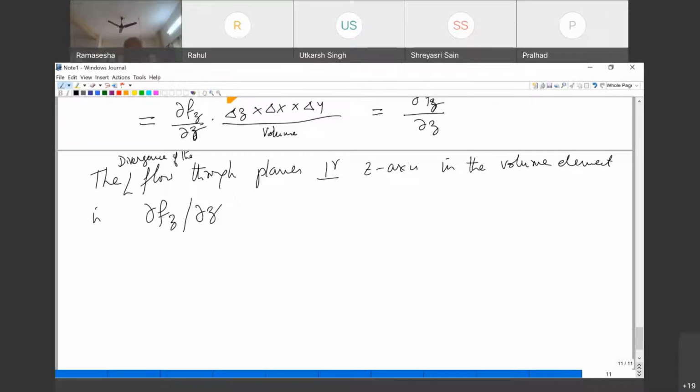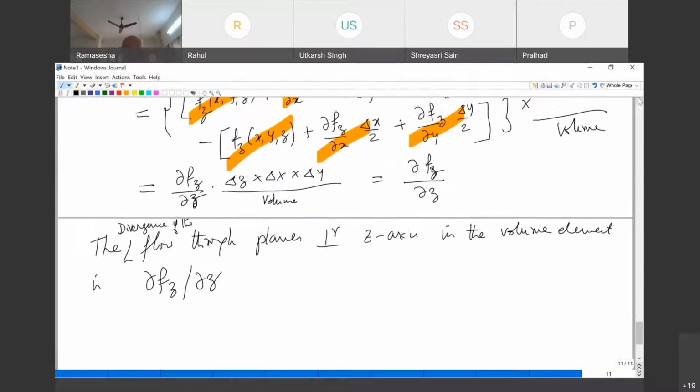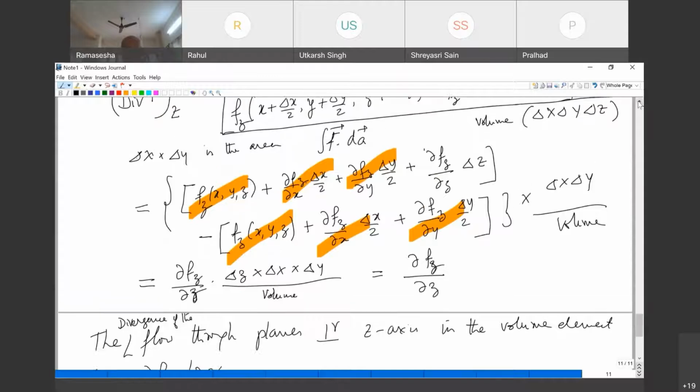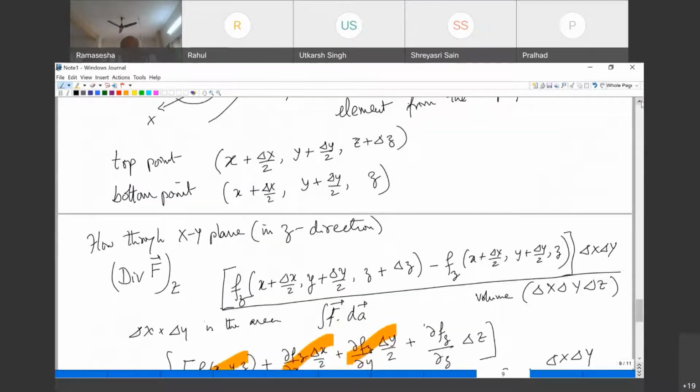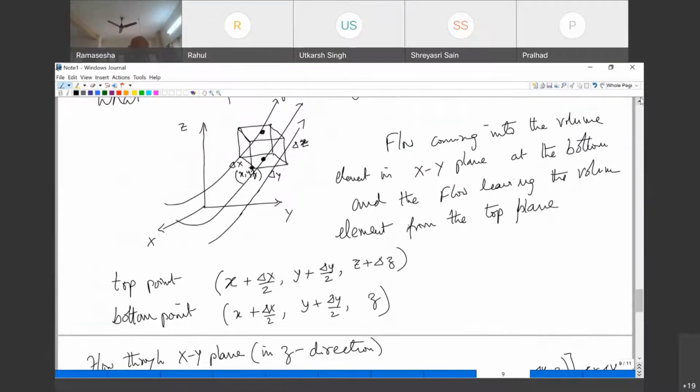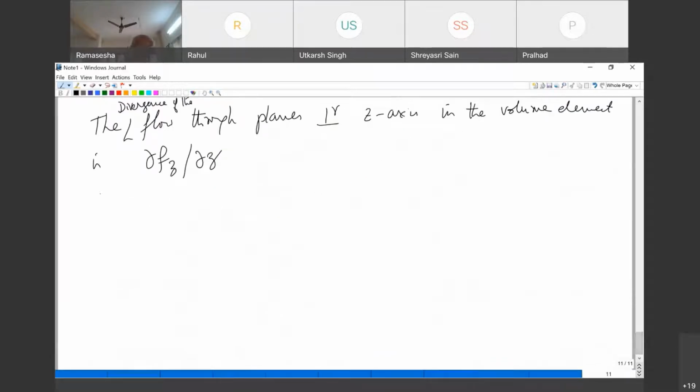Okay, so if you did a similar thing for the x and y axes, for example for this point and this point, or this point and this point, then what you would get would be the following.